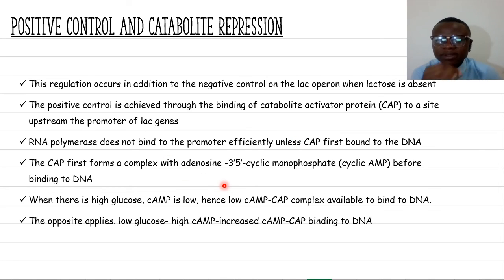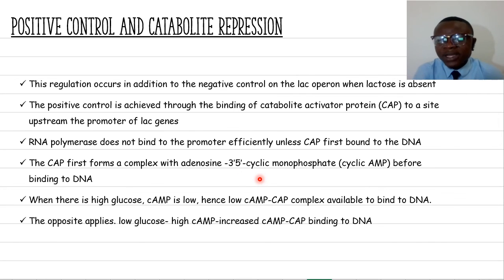However, how does this happen? First, the CAP protein will form a complex with cyclic AMP before binding to DNA. When you have low glucose in the cell, you have a high level of cyclic AMP.